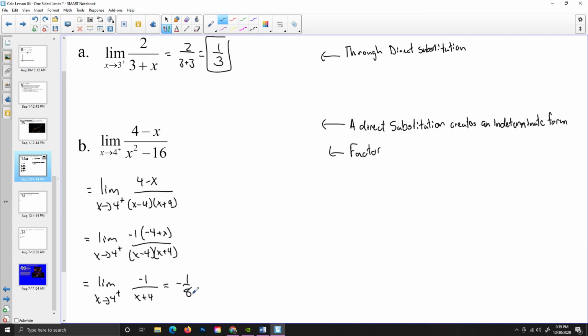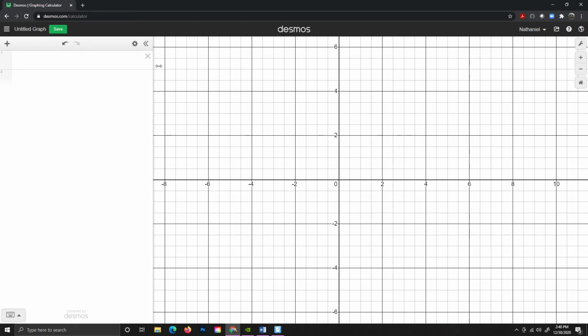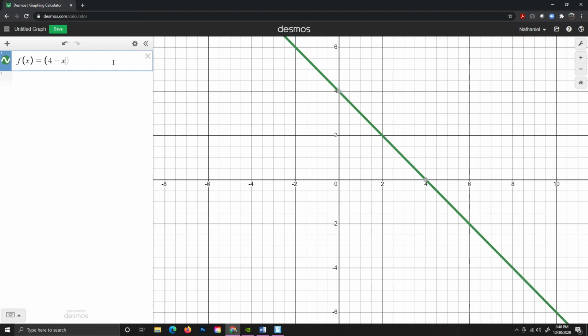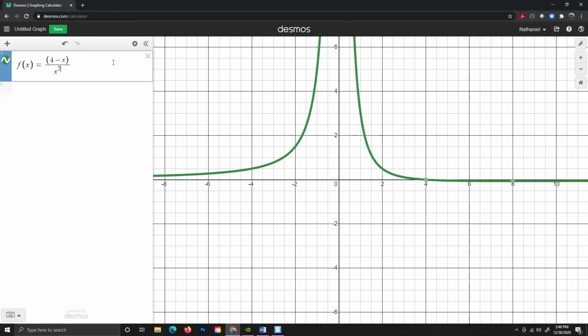Now if you're not sure, we can always go back to Desmos and take a look at this. So if I go back to Desmos, I clear out what I had here, and let's just use function notation this time to change things up a little bit. f of x is equal to the quantity 4 minus x divided by x squared minus 16.